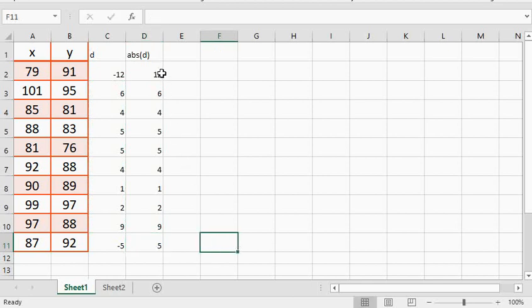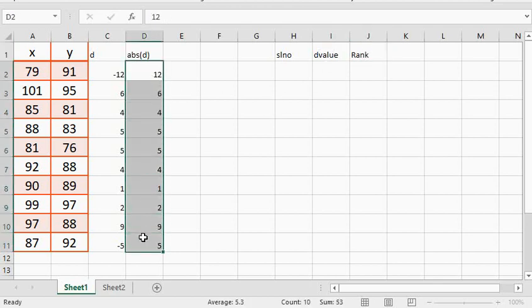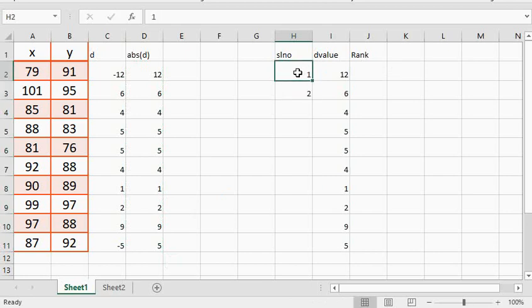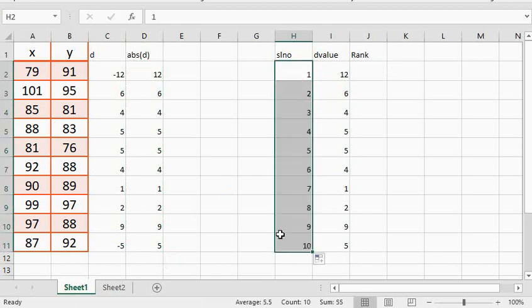I want to rank this. For that, I take the serial number, D value, and rank. I put the respective values here, D value, and 1, 2, up to all 10 observations.